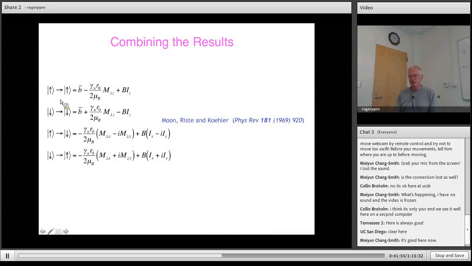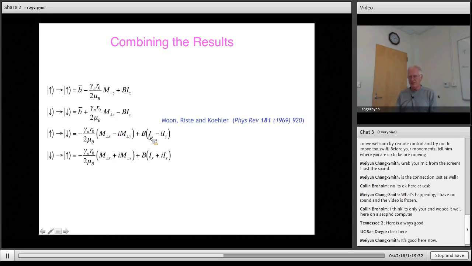And similarly, non-spin flip down to down is all the same, except there's a minus sign here. The spin flip scattering up to down is very similar between the scattering due to magnetization, and the scattering due to the spin incoherent scattering.